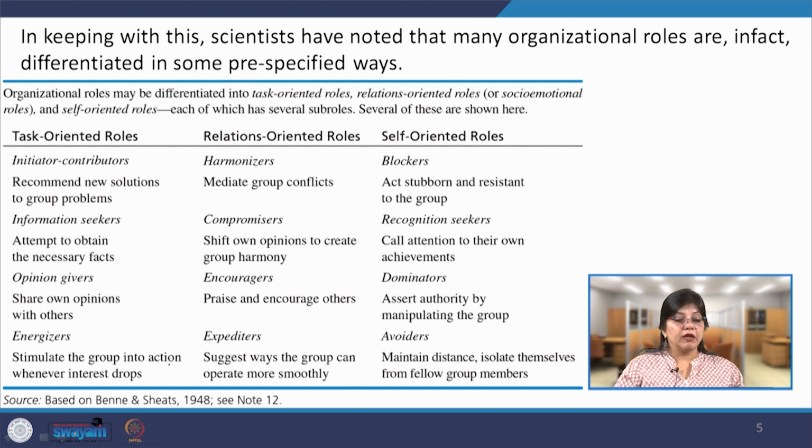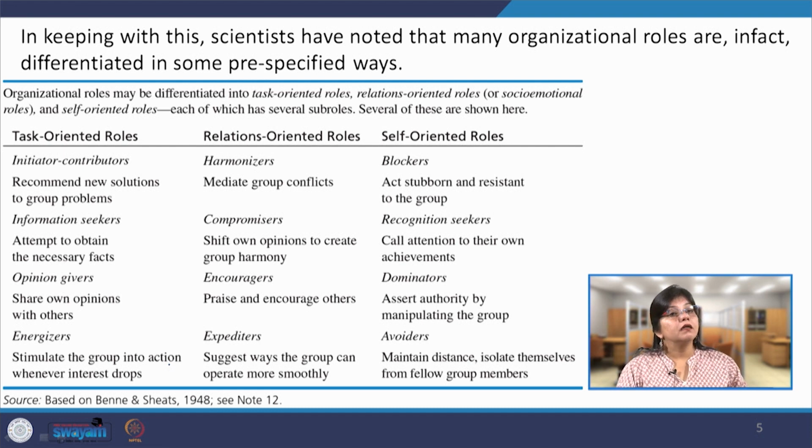For instance, if I talk about task oriented roles, the manager or member will perform this kind of role, that is role differentiation, while being an initiator or contributor. This is his way to perform the job, and he will be labeled as an initiator or a contributor, information seeker, opinion giver or energizer.